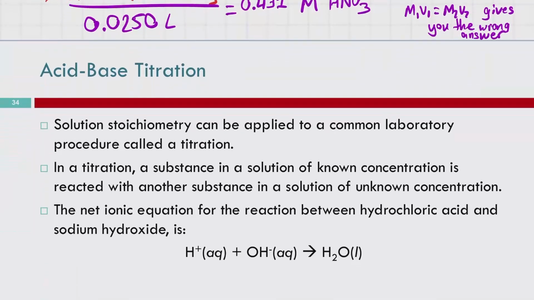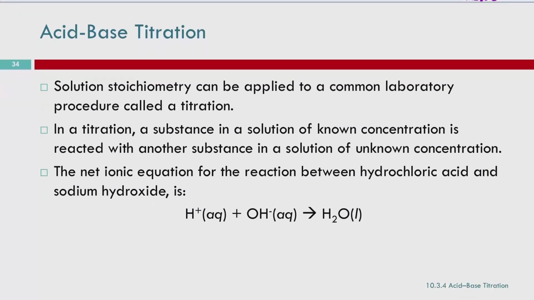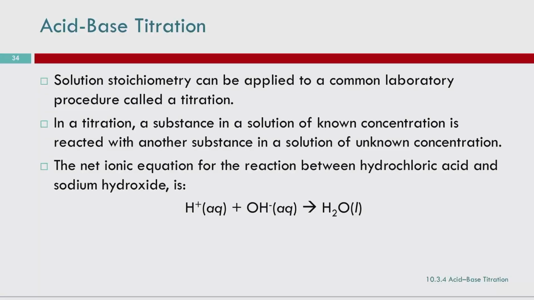Okay. A place where we frequently use solution stoichiometry, that's the stuff that we were just doing, is often applied in a lab procedure called a titration. What we are doing in a titration is we're taking a substance with a solution of known concentration, like a solution that we made up.